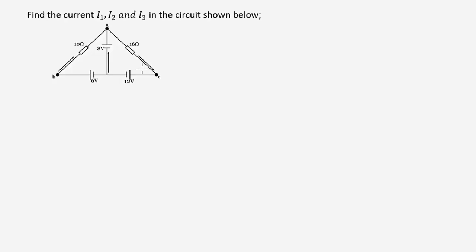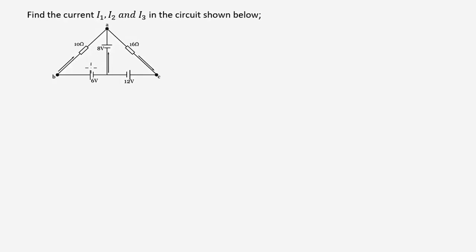Looking at the diagram here, the question says find the currents I1, I2, and I3 in the circuit shown below. Looking at this diagram, you can see we have a 10 ohms resistor here, a 10 ohms resistor here, and we have 3 EMFs here.